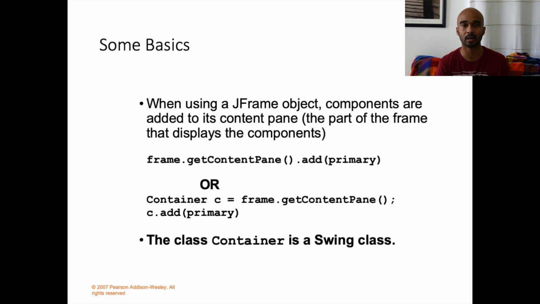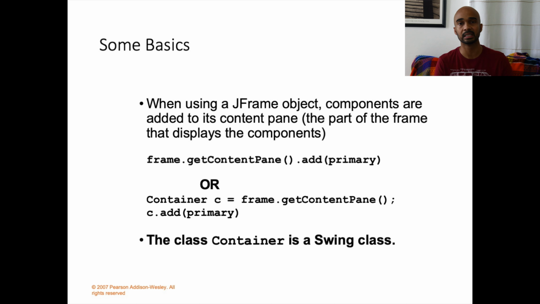You have the option of actually creating an explicit container, storing the content pane in it, and then saying c.add(primary). It's really whatever; you could use either method to accomplish the same thing.